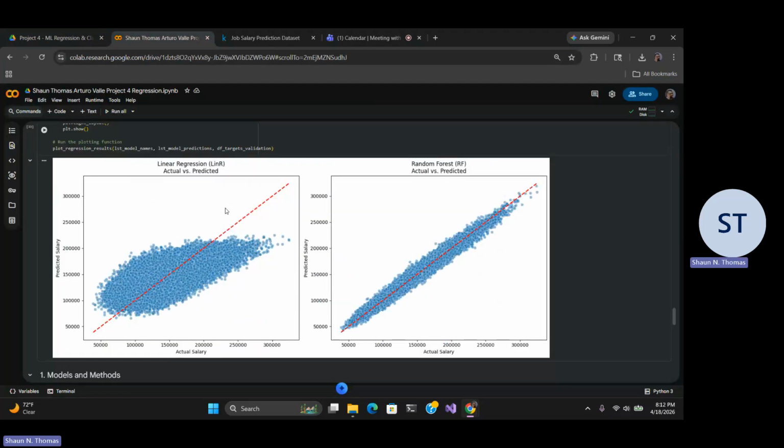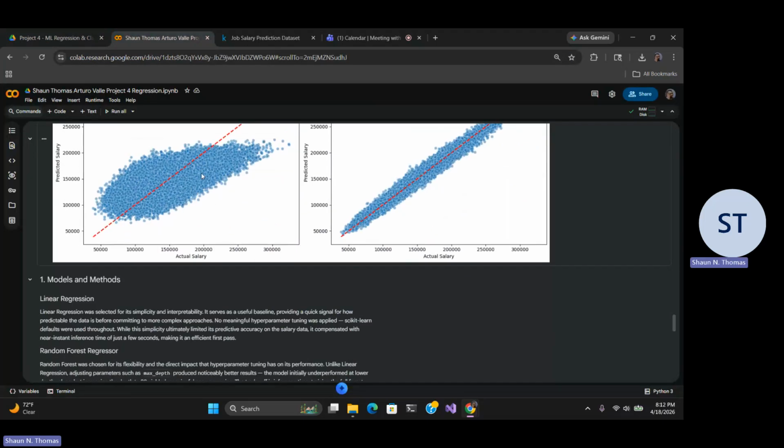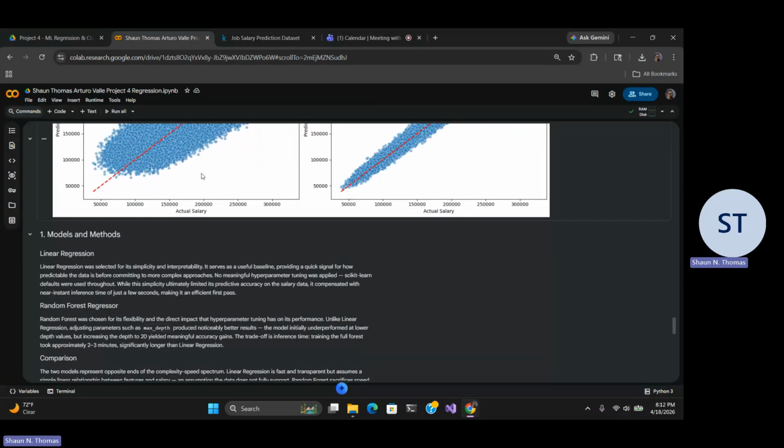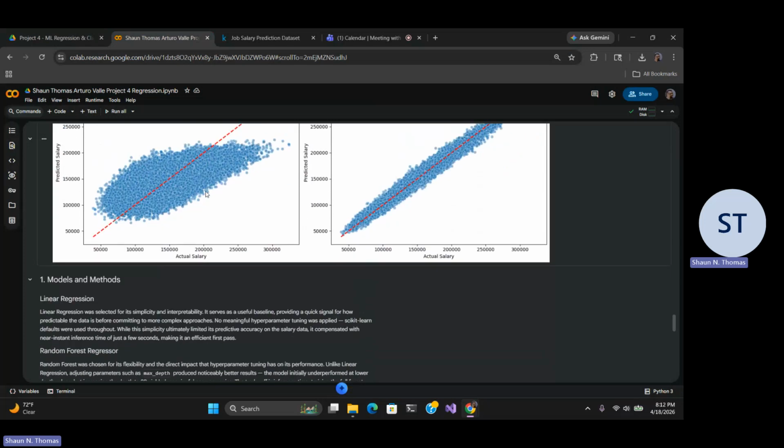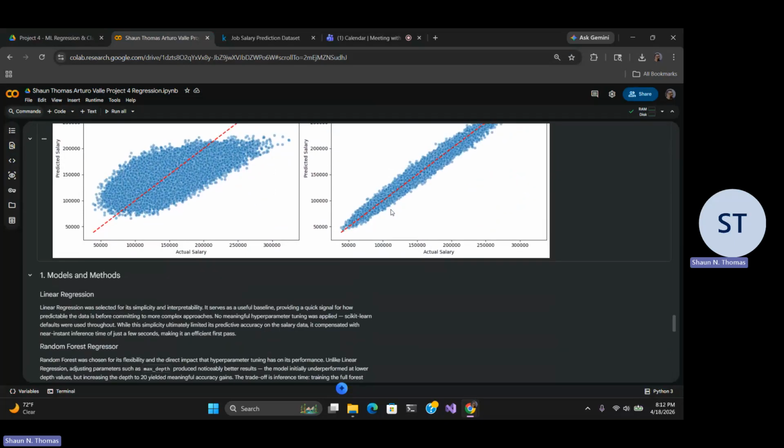I chose the linear regression model specifically because it was one of the easier ones to use, and it's simple. So it's easy to get a baseline and understand how complicated the data set is. Like I said before, it performed pretty poorly compared to the random forest model.